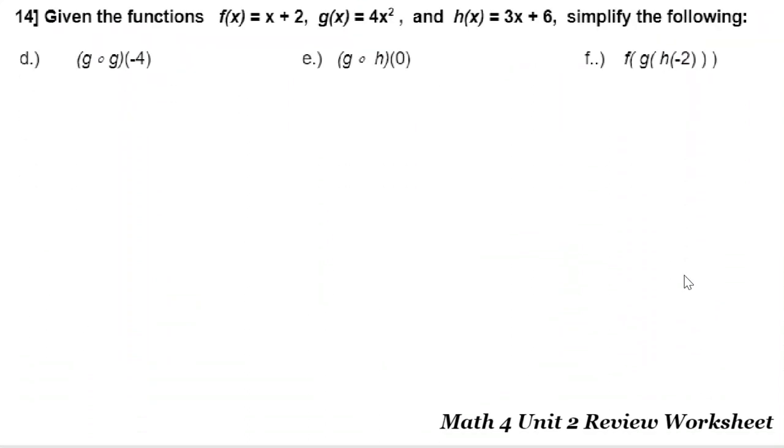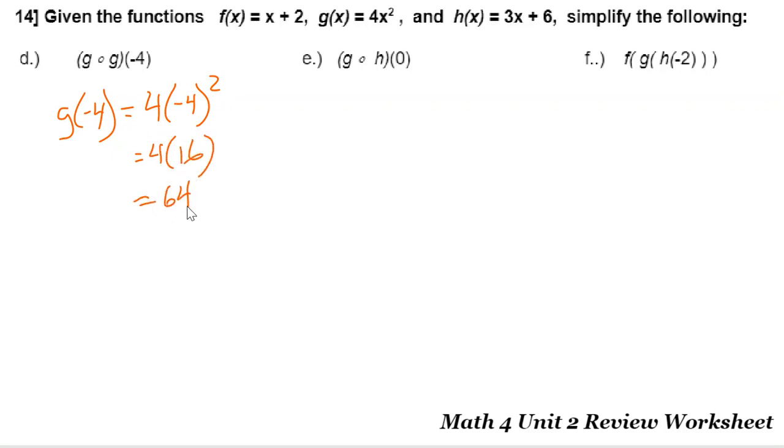All right, for these guys, g of g of -4, I'm going to start with the first g of -4 on the right, and I'm going to plug him in. I'm going to get 4 times -4 squared, which is 4 times 16, which is 64. And then I'm going to turn around and plug it into g again.